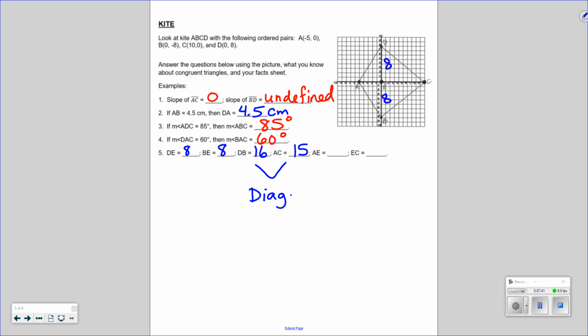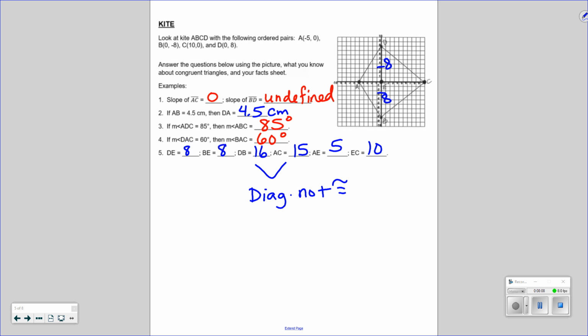And then AE is 5 and EC is 10. So one diagonal is getting bisected, but not the other one. Okay, and that would be the properties of a kite.